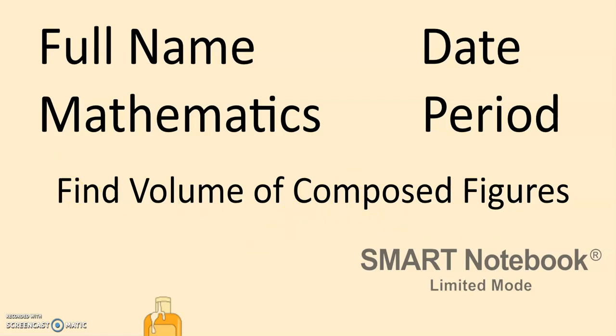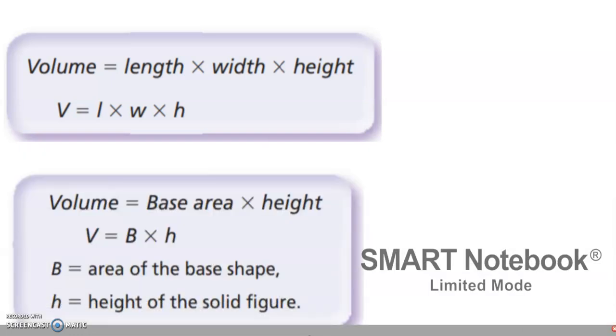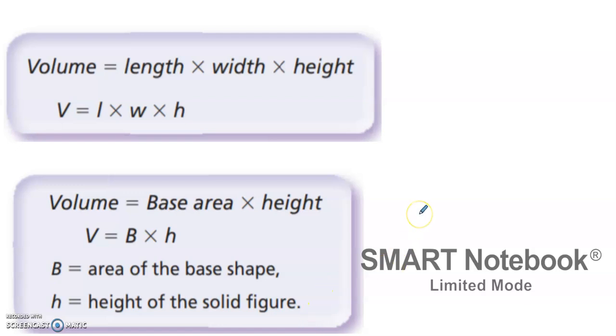So let's review our formulas again. The first formula is length times width times height, or V equals L times W times H. The other one is volume equals the area of the base times height, or V equals capital B times H, with the capital B meaning the area of the base of the shape, and the H is the height of the figure.